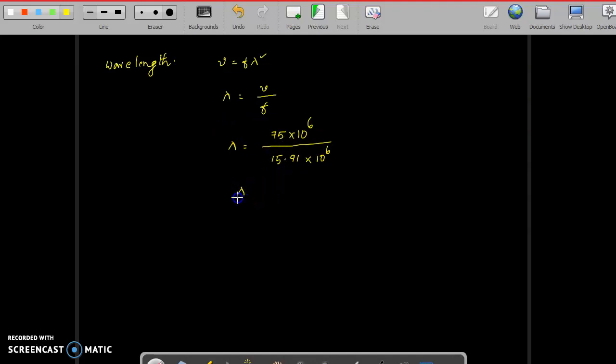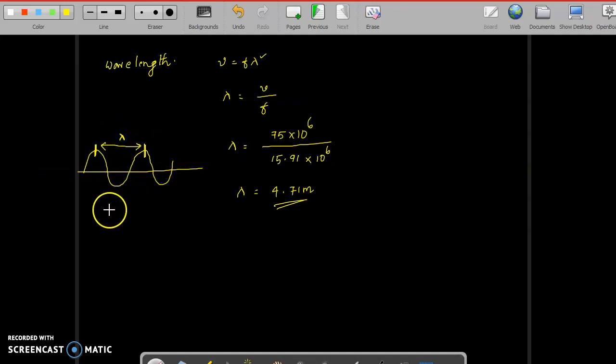So the lambda becomes 4.71 meter. This is the wavelength of the electromagnetic wave. If we measure the distance between two adjacent crests or troughs, that is the wavelength, which comes around 4.71 meter.